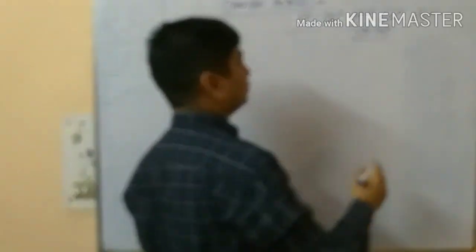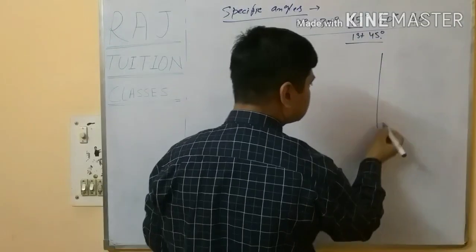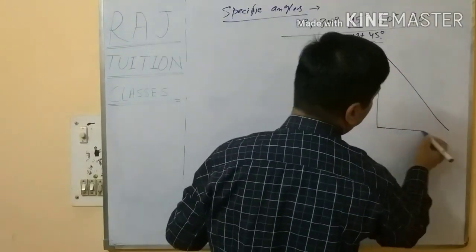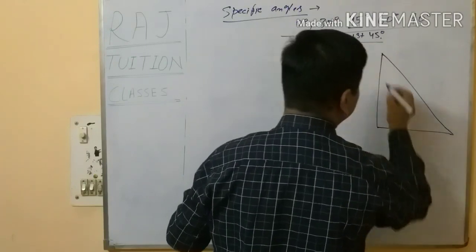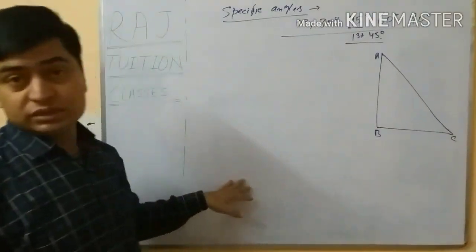So, as we know, the application of trigonometry in class 10th is limited to right angle triangles. So, I will draw a right angle triangle here. Let's name it ABC or PQR, whatever the name is.